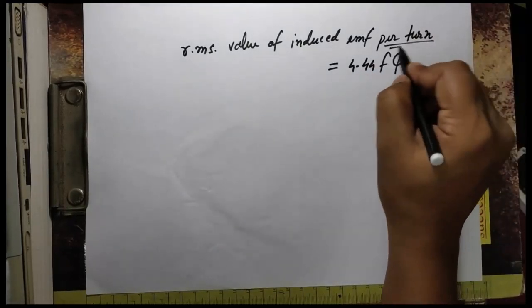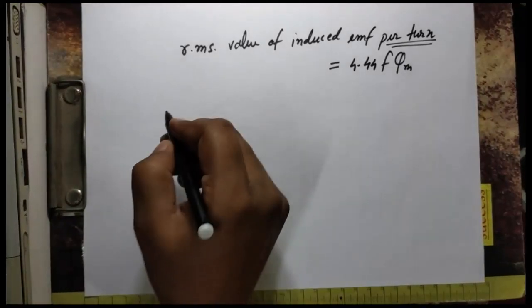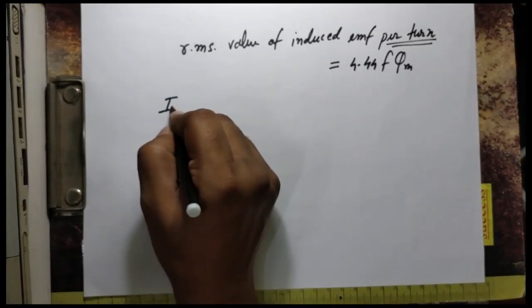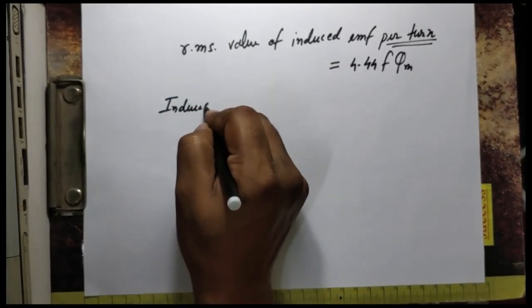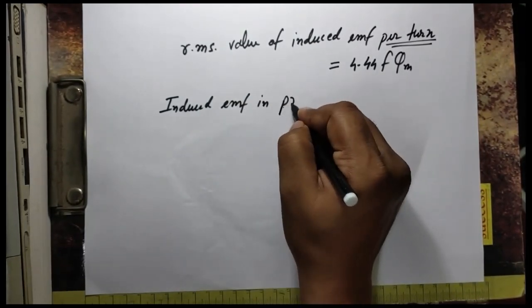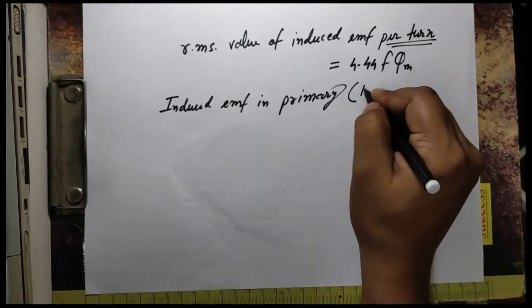Okay, so this is the formula we get, right? Now we need to find the induced EMF in primary, that is E1.